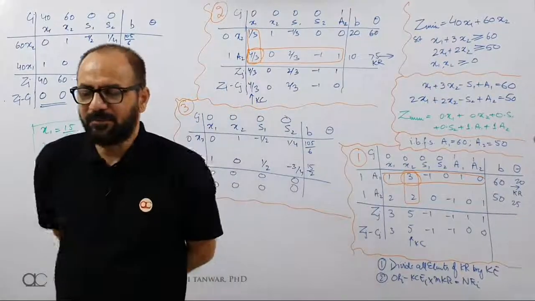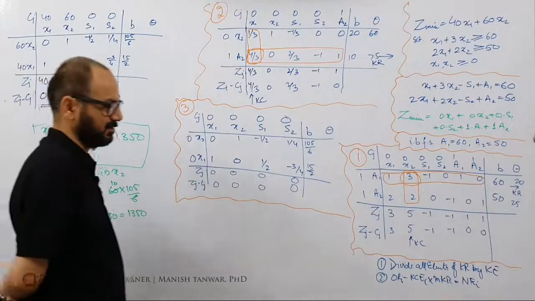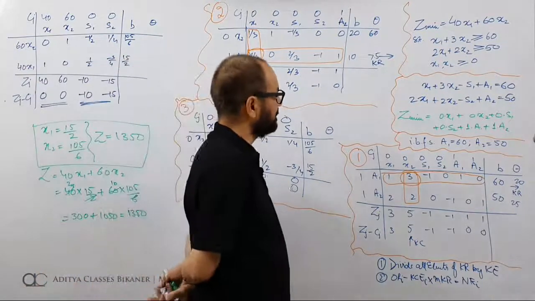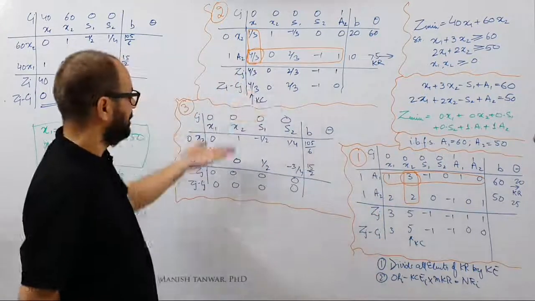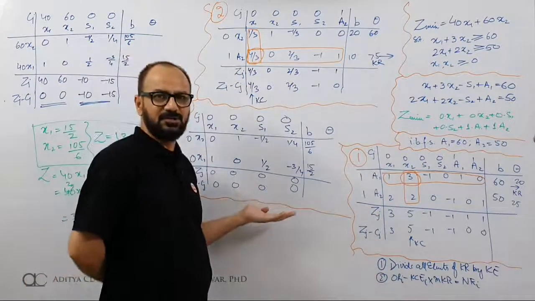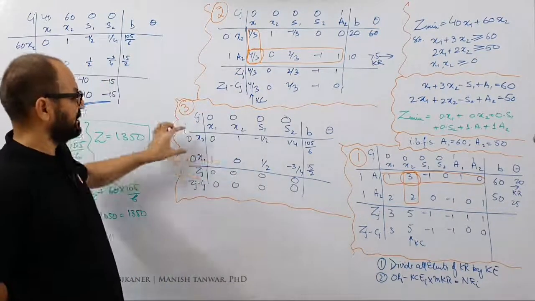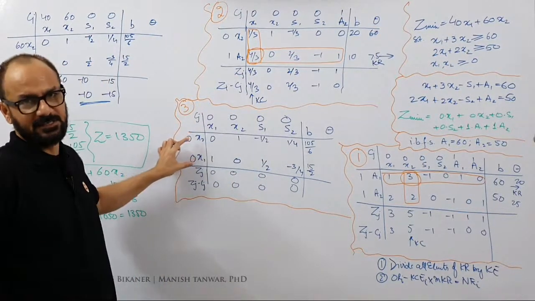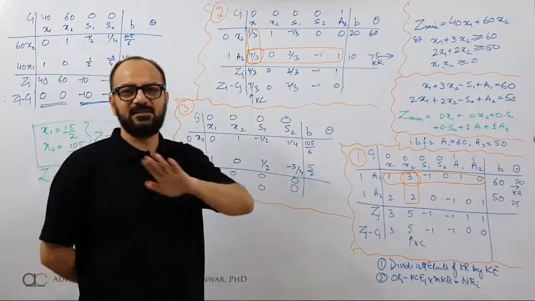Now, the same problem can be done using big M method also, and same problem can be done using two-phase method also. When I start my first phase, I start with an auxiliary function. I proceed. I see that net evaluation row reduces to either 0 or negative, so I stop over there. When I stop over there, I check if artificial variables still live. If there is an artificial variable, I stop and say that this problem cannot be solved.